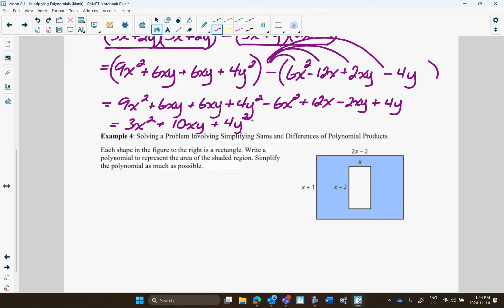X's, anything to combine? No, nothing to combine it with. This I've already done. This? Anything to combine it with? No. So that's fine. Final answer. That was a pretty lengthy one.